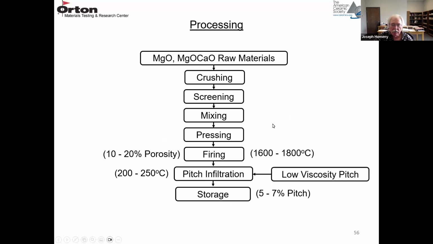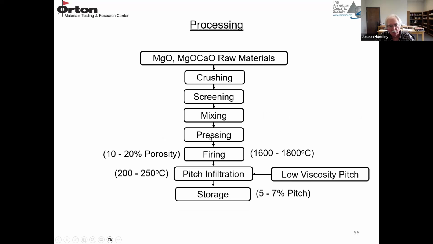The other process was an infiltration process. So you start out with the same raw materials, MgO and dolomite. They're crushed and screened as usual to create a particle size distribution that maximizes density.